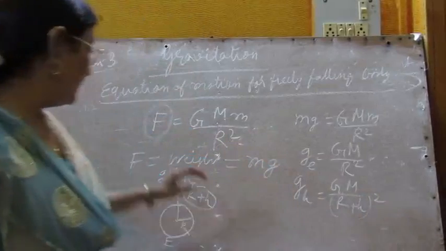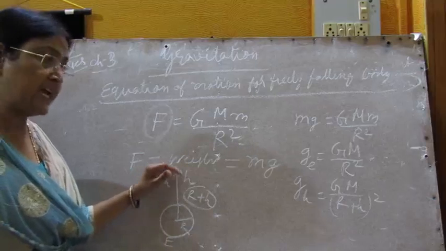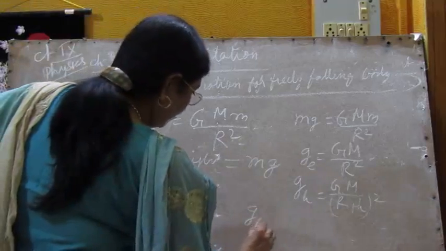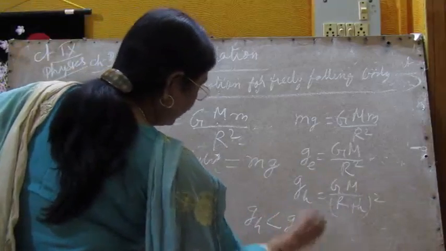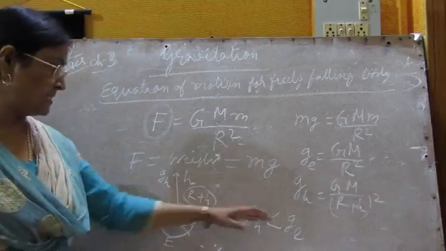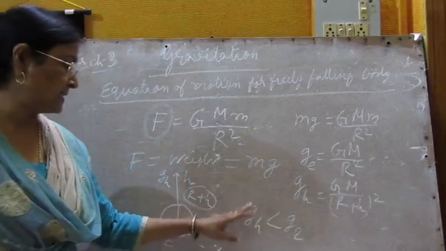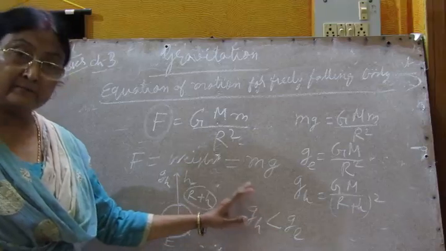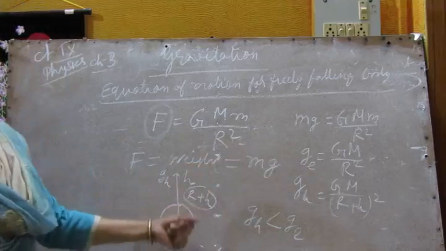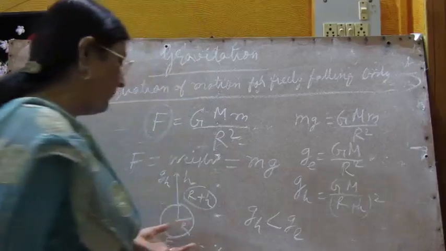So that's why the acceleration due to gravity at height h will be lesser, that means gh will be lesser than ge. The acceleration due to gravity on the earth's surface will be greater than the acceleration at a height h of the object. In this way the acceleration due to gravity is lesser.